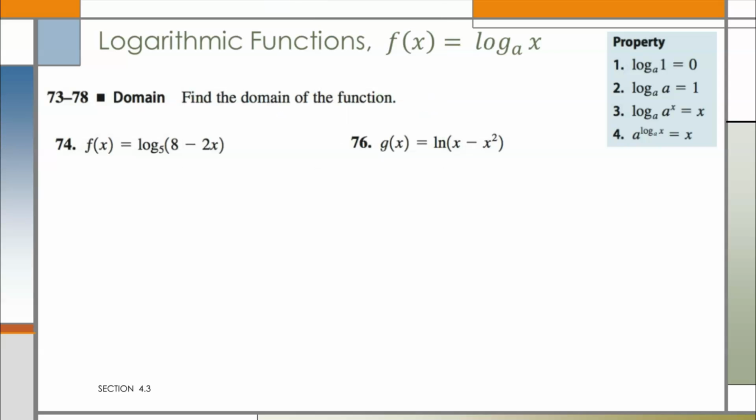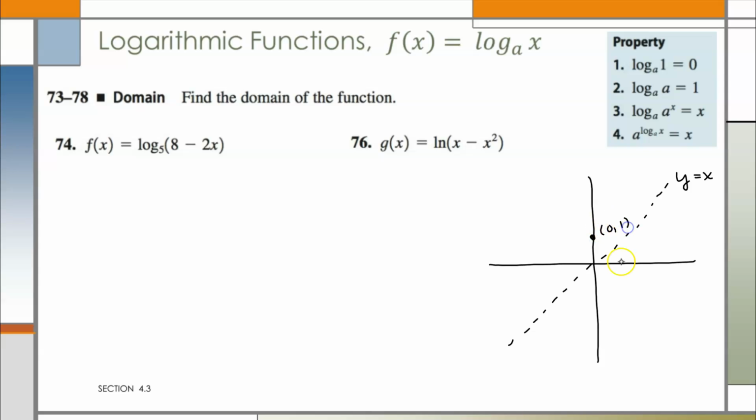graphs of logarithmic functions. We have logarithmic functions and exponential functions being inverses of one another. That means their graphs reflect on the line y is equal to x. If I have a point (0, 1), then in its inverse we switch the x and y positions, (1, 0).